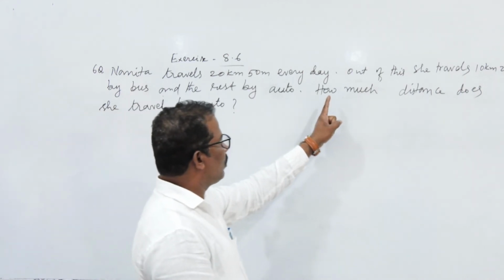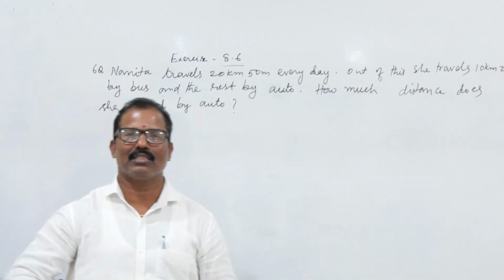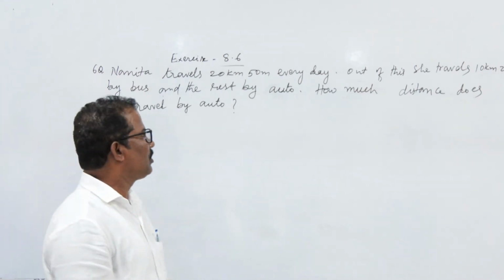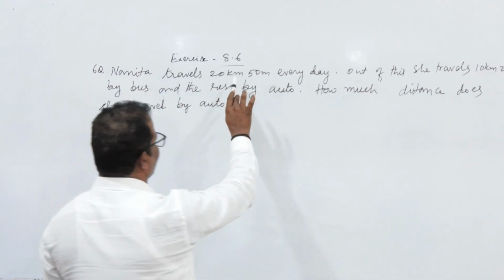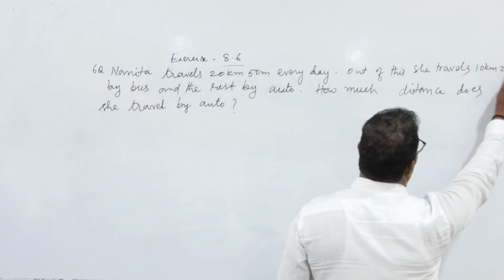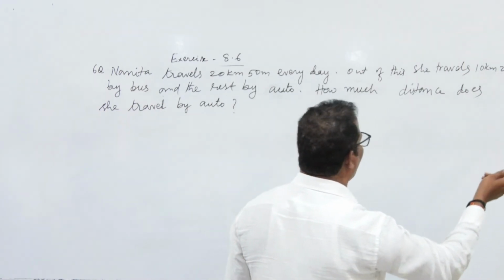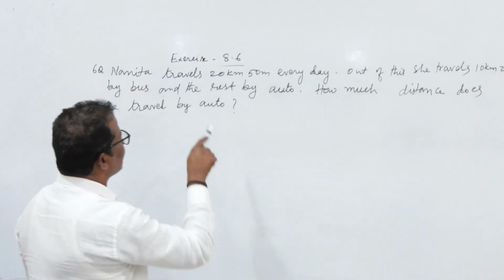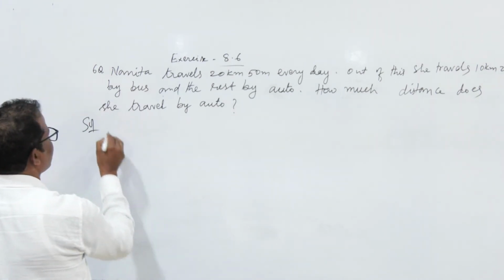The question is now how much distance does she travel by auto? That means what to do? From the total distance she travels every day, we have to subtract the distance she already traveled by bus, and the remaining distance left, that she traveled by auto. Understand? So how to write the steps, you can see here.